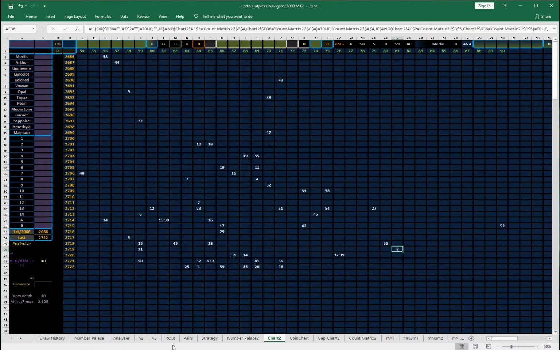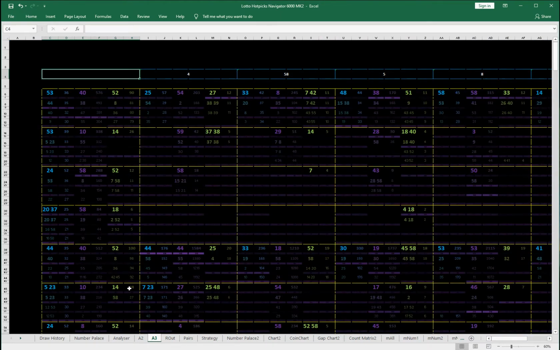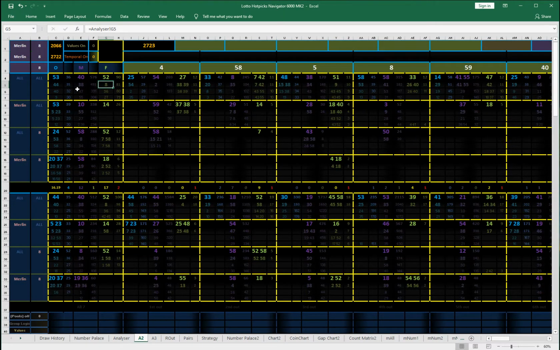So it's a frequent number, and 58 has popped up with ball set 8.